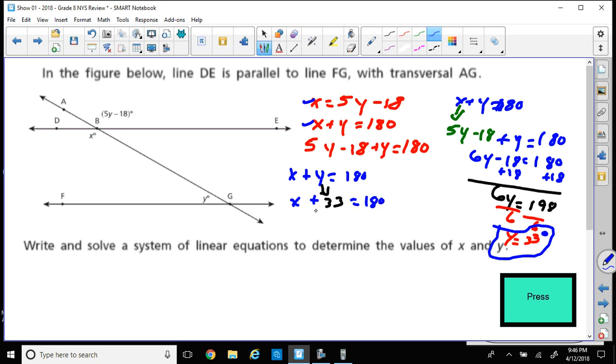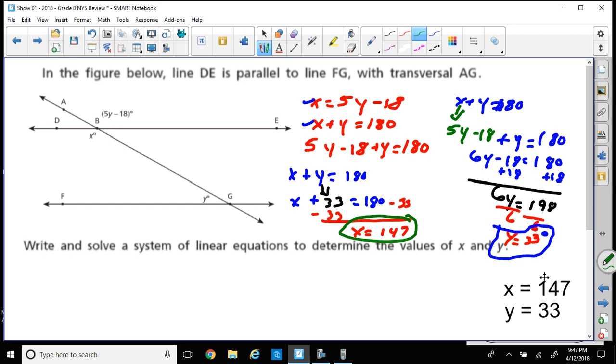All I got to do is subtract 33 from both sides, and that'll give me, I believe, 147. x equals 147. So now I got x and I got y. And that's all they asked me to do to solve this. And there we have it. So let's check it. 147 and 33.